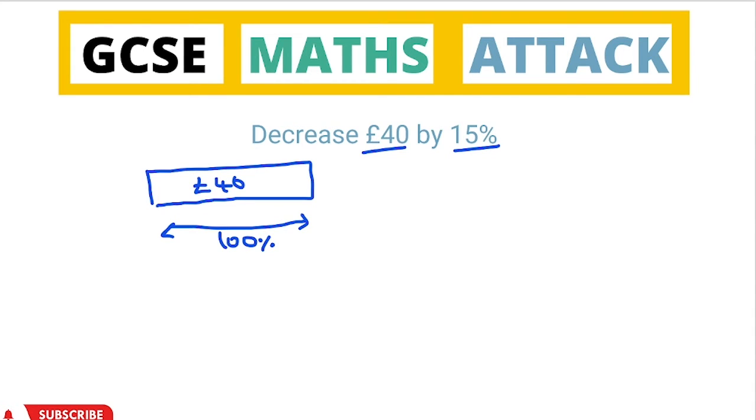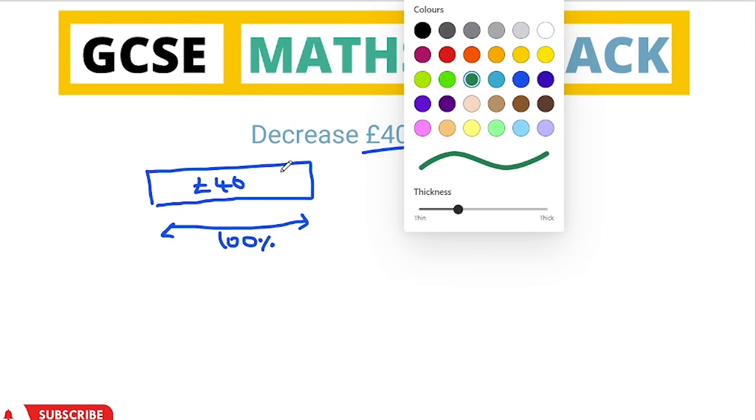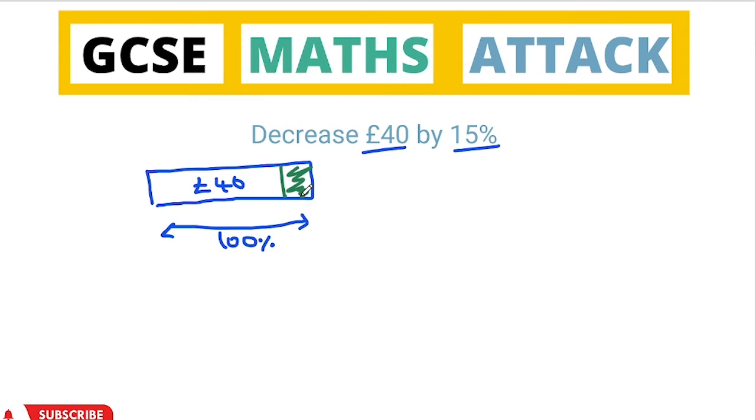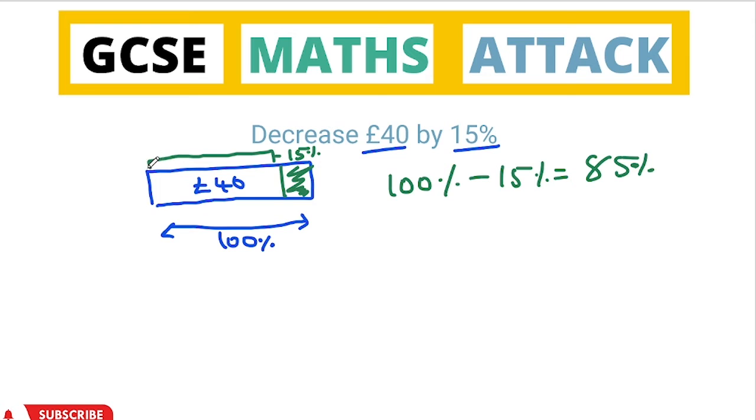We're now going to decrease by 15%, which basically means we're going to knock off 15%. So we're going to subtract 15%. 100% subtract 15% means we have 85% of the bar left.